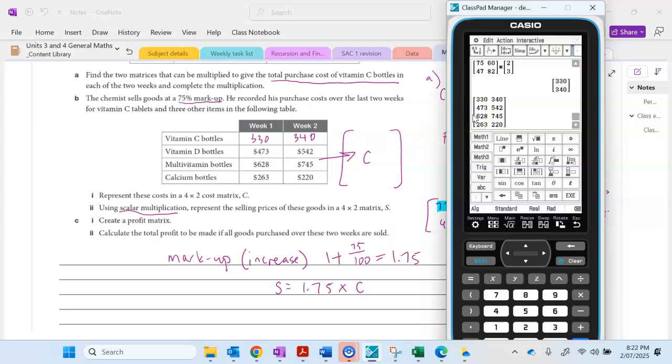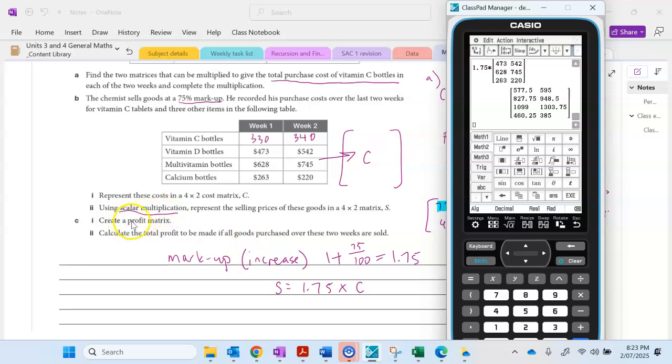We're going to multiply it by 1.75. So 1 because we want the whole amount, and then the 0.75 because we're increasing it by 75%. So 0.75 is the percentage. And you get something like this because I have it on standard. So we're just going to change that. And so we get our decimal equivalent. Now, this is the new sale price. So this is matrix S.